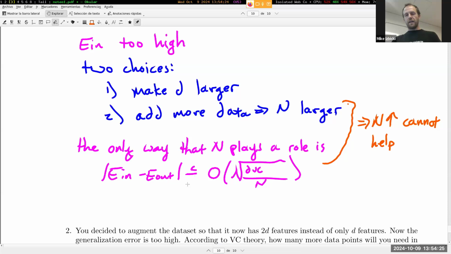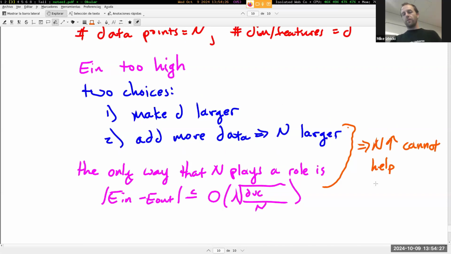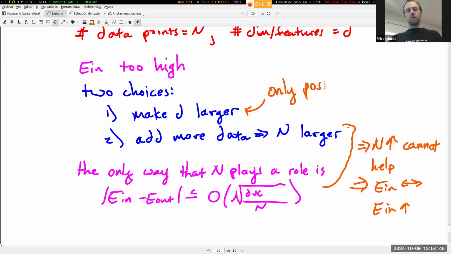In fact, N going up results in either the in-sample error staying constant, or possibly the in-sample error going up, but it will never go down. So this is the only possibility that makes sense.